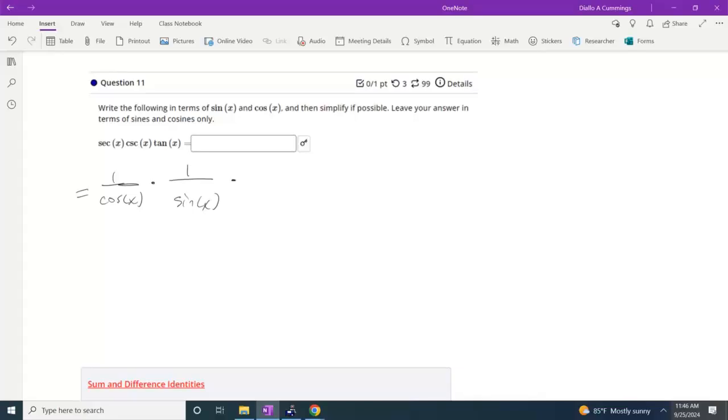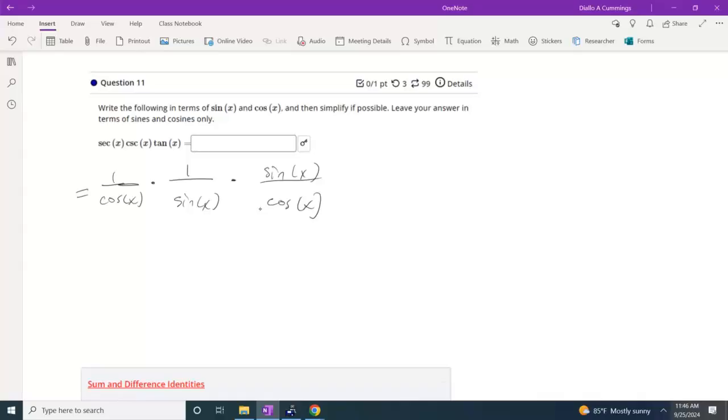And I can rewrite tangent as sine x over cosine x. So now since I'm multiplying, I can cross cancel.